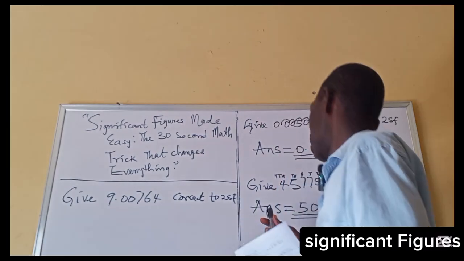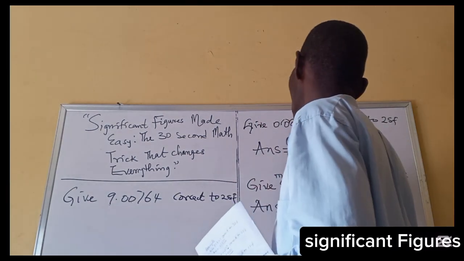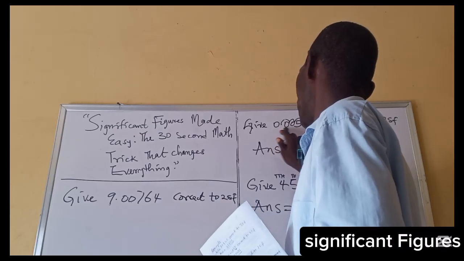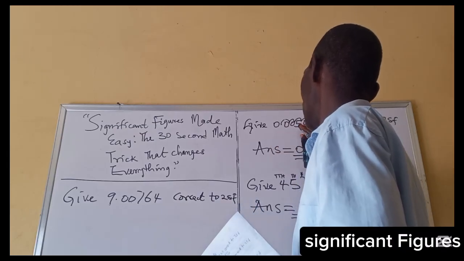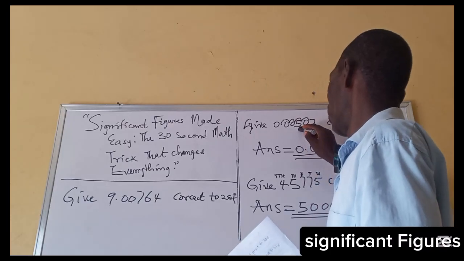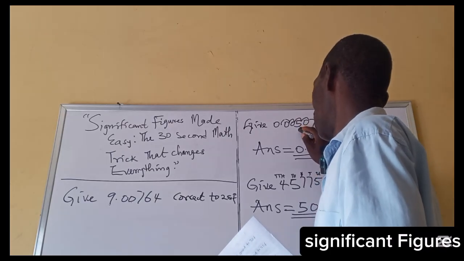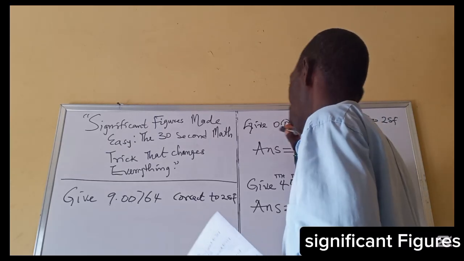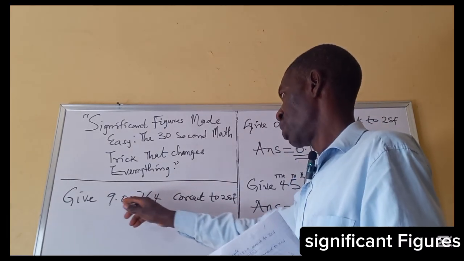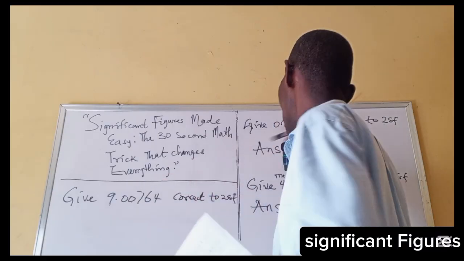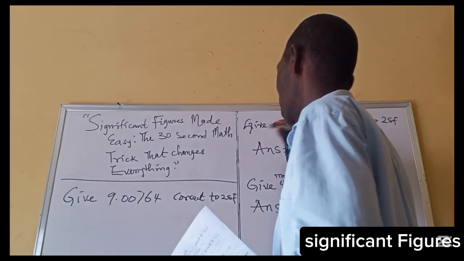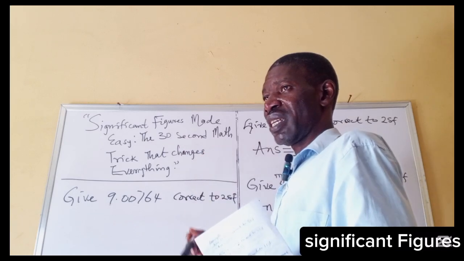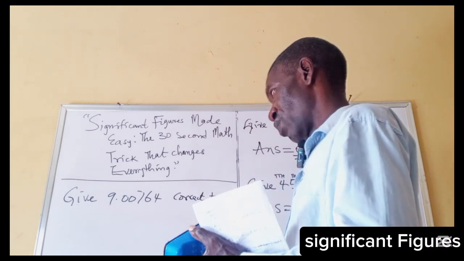Okay, if you look at this place, this is 0 before the first significant figure. So this 0, they are not important. But 0 in between number, I said it earlier, that if you see 0 in between number, that 0 is counted as significant figure.